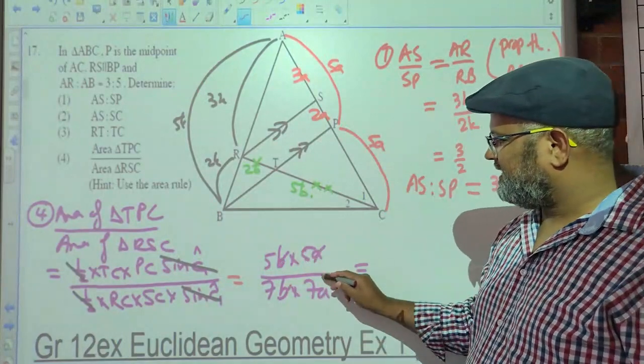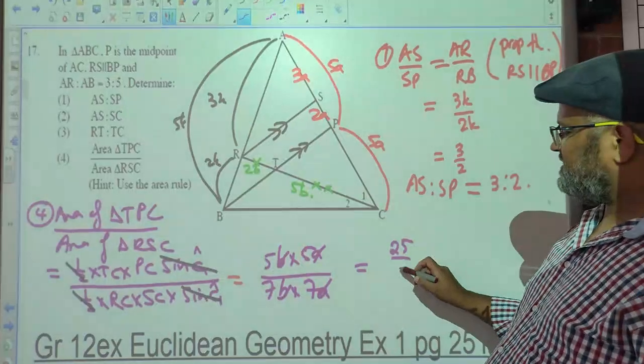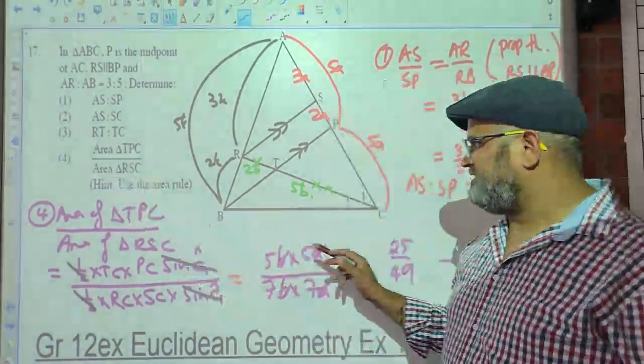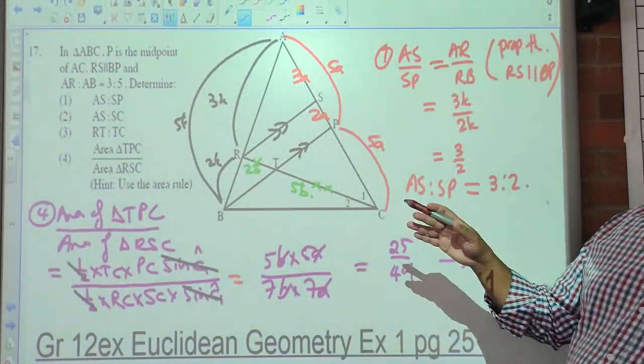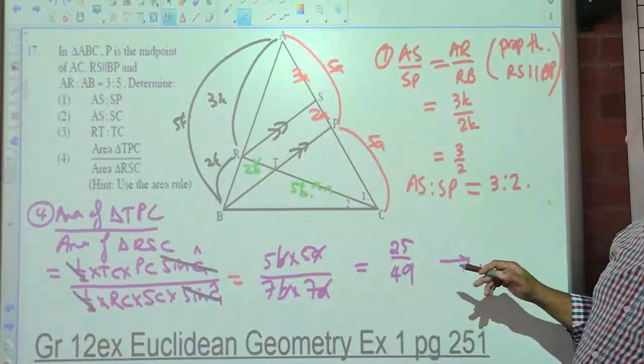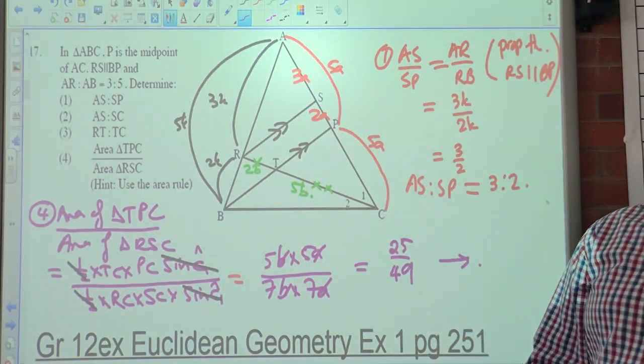So the B cancels B, A cancels A. So 5 times 5 is 25, 7 times 7 is 49. If it asks you in ratio form, you will just then write the area of triangle TPC is to area of triangle RSC will be 25 is to 49. A commonly asked question. Okay.